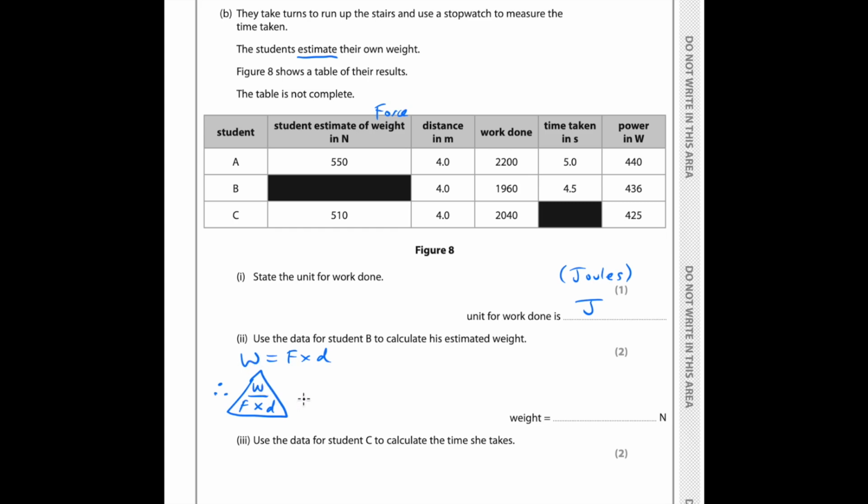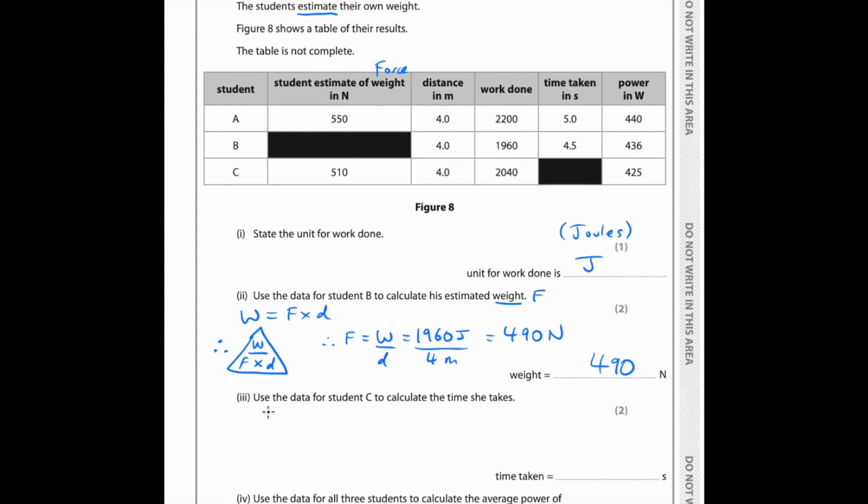Cover up what we're looking for. Well, his weight is the force, so cover up force. You've got work done divided by the distance. So his weight, which is the force that he's lifting, is work done divided by distance. So that's 1,960 joules divided by 4 metres. And that comes out as 490. And that'll be newtons, because it's his weight.